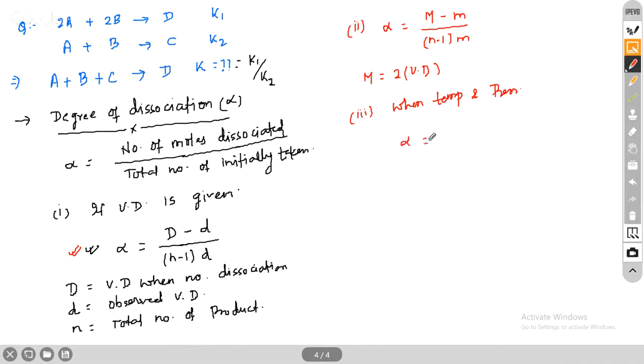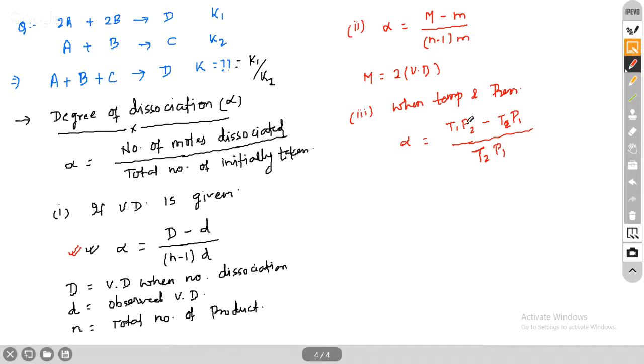So alpha is equal to (T1 P2 minus T2 P1) divided by T2 P1. This is the formula. It is not that important, but we have one formula in terms of temperature and pressure that we have to keep in mind.